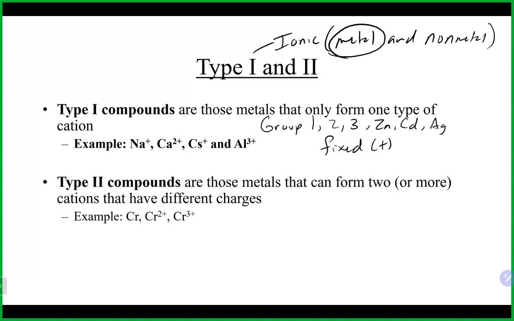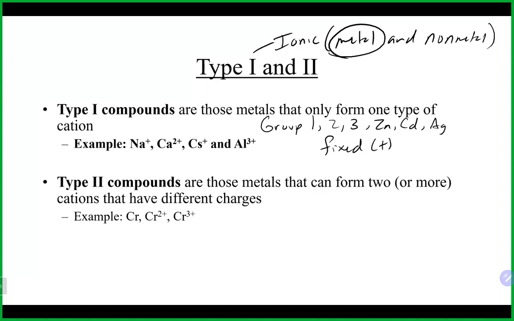So as soon as you see the metal involved is from one of those locations, group 1, group 2, group 3, or it is silver, zinc, or cadmium, it is a type 1 compound. And as we'll talk about shortly, that's all you need to know. You could get right to the naming part after you identify that.